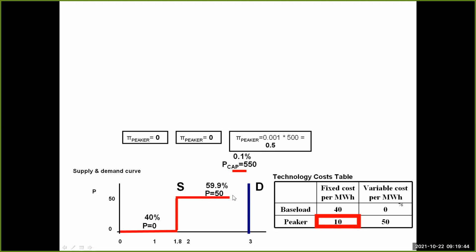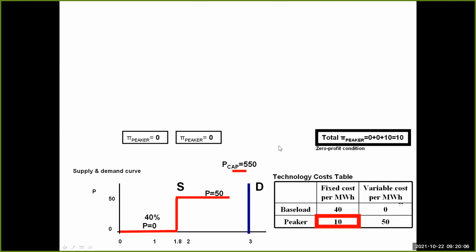So what happens then over time? Here plants are going to be taken out of production, and no businessman will say, oh, we're going to invest. So the gap becomes bigger and bigger until the gap is big enough to exactly cover the fixed cost. So how big should this gap then be? Well, we need it to be 10, so we calculate that's 2%.